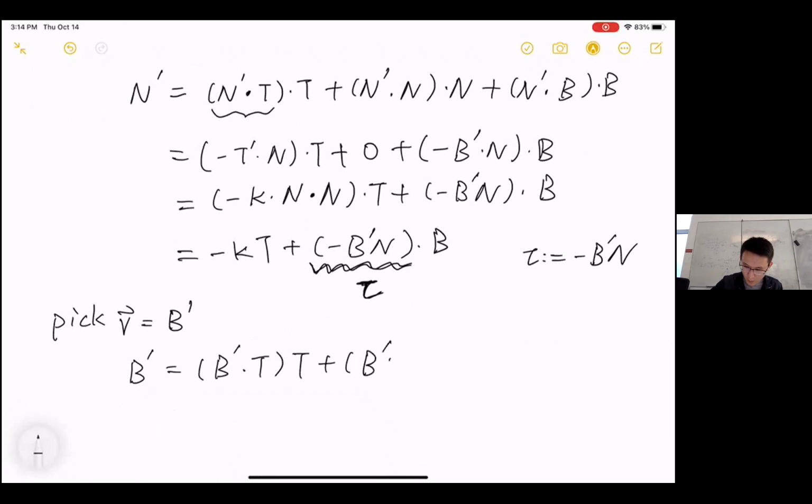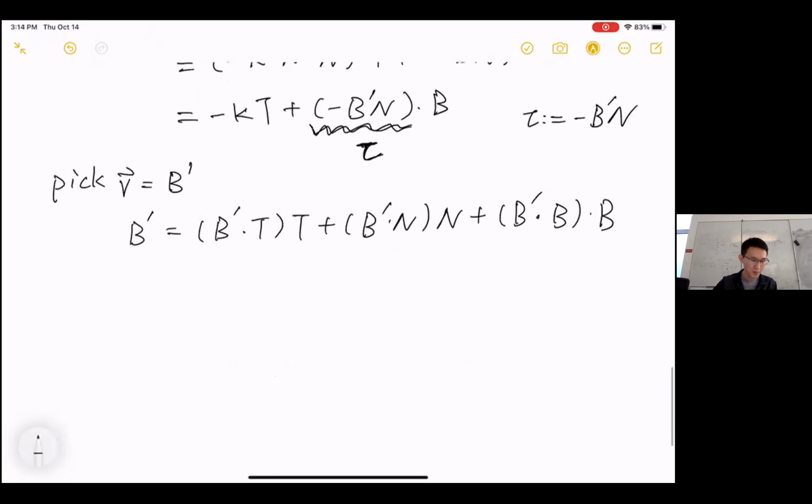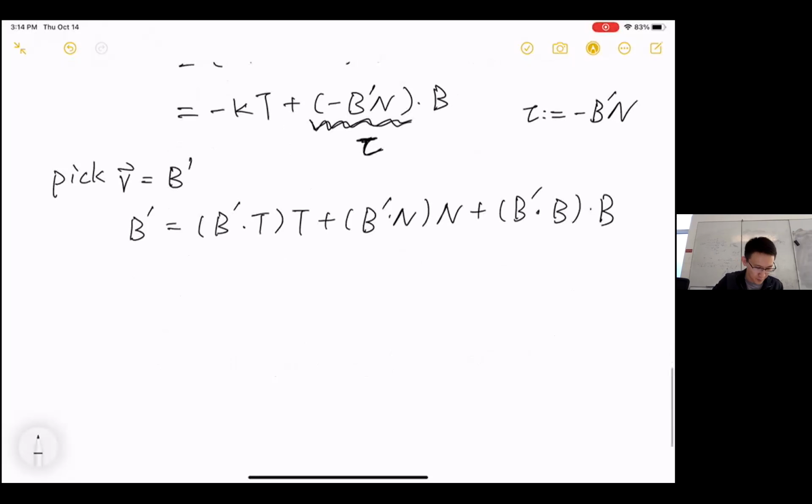Then you will see with those two lemmas, things happen just like magic. Okay, now we plug in B prime. We have three terms. For the first one, let's apply the lemma. We get negative T prime dot B times T.